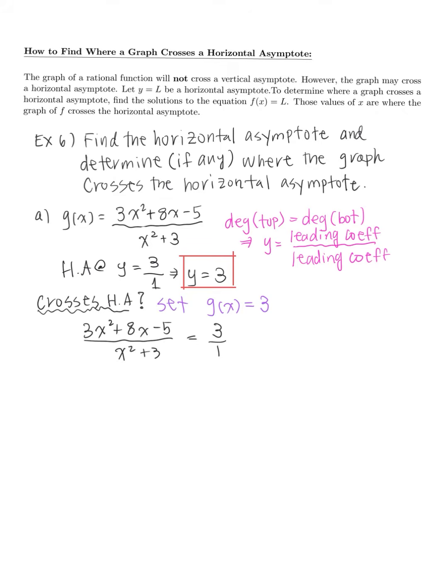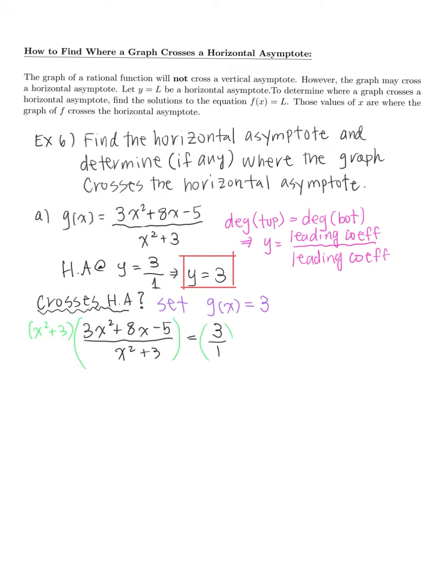To simplify this, if you know the cross multiplication rules, go for it. But more formally, you can multiply both sides by the least common denominator. The least common denominator of x squared plus 3 and 1 is x squared plus 3. So multiply both sides by x squared plus 3.